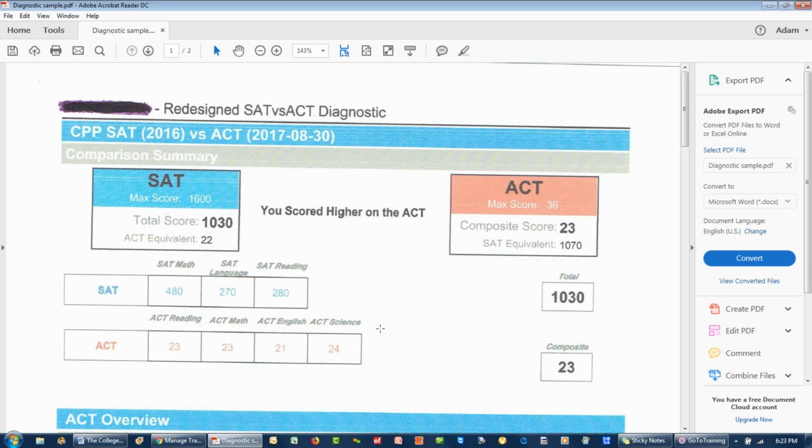So when there is a difference of about 40 or 50 points or more, we recommend that you focus on the test that you scored better on. However, and this will apply to some of you, the difference between your scores is only marginal. In that case, it's going to be completely up to you to decide which test you want to focus on.